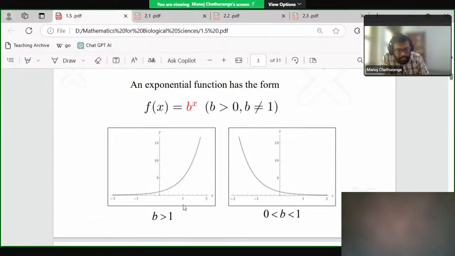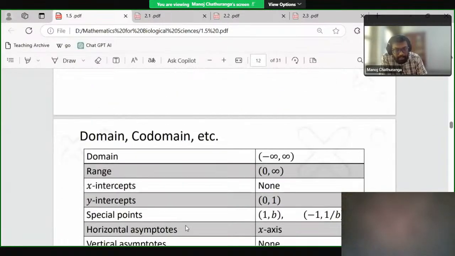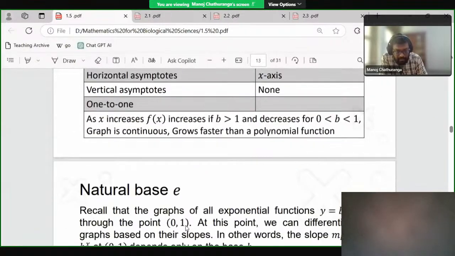We take the line y equals x as a mirror, and the mirror image of b to the power x gives us the graph of its inverse function. We know it is invertible, and we know the graph of this inverse function.